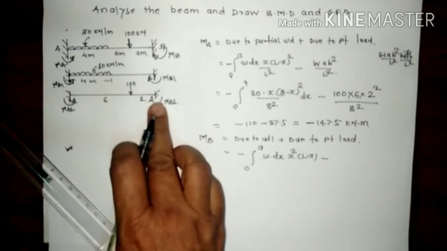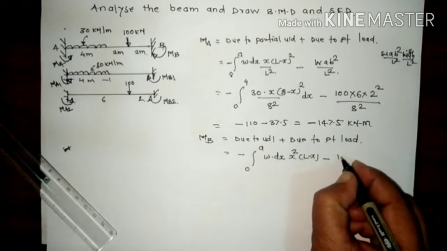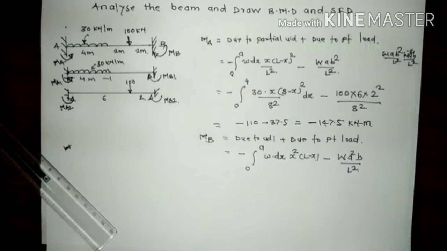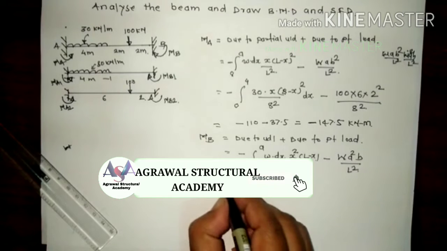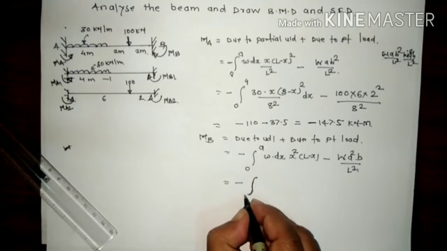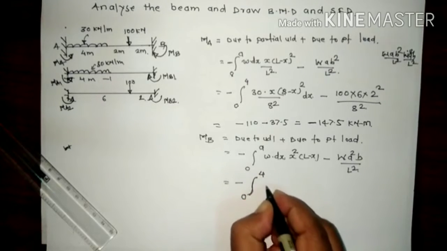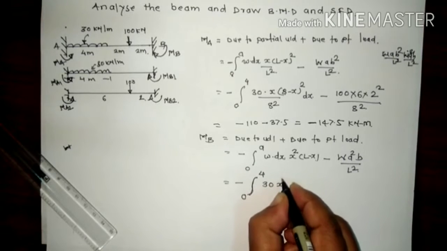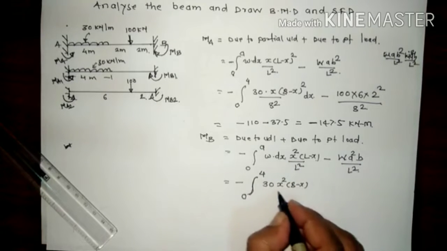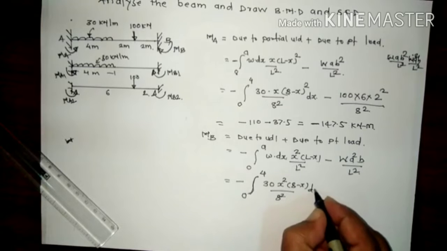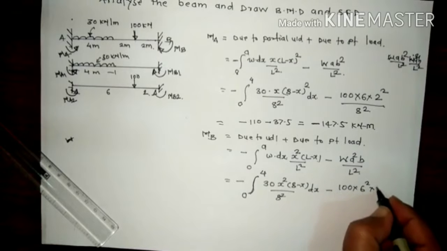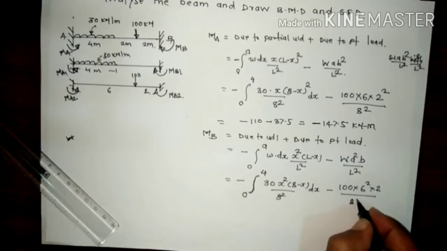Minus here, due to this point load here, the moment is WA square B by L square. So here minus, again the starting point of the UDL is 0, ending is 4, W is 30, now x square into (8 minus x) divided by L square, so divided by 8 square into dx, minus this 100 into 6 square into 2 divided by 8 square.